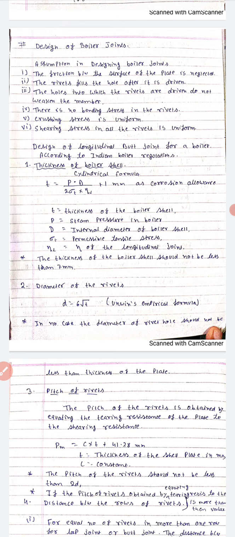So the next one or two videos will be purely theoretical, purely a design procedure class, and once you are able to see what the values will be, or how you are going to calculate, things are going to be easy for you.